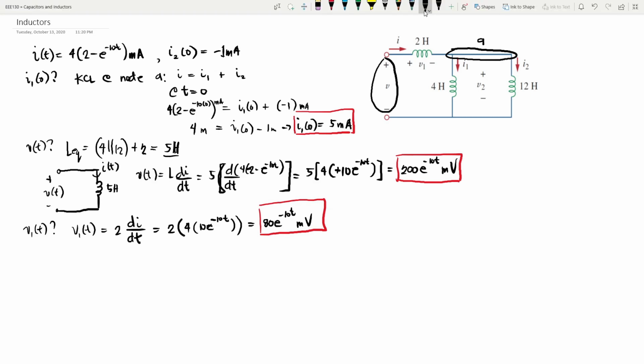So next, solve for the expression V2 of t. So how do we get the value of V2 of t? Now since we have the expression for V, and we have the expression for V1, we can apply KVL at this loop to solve for V2.